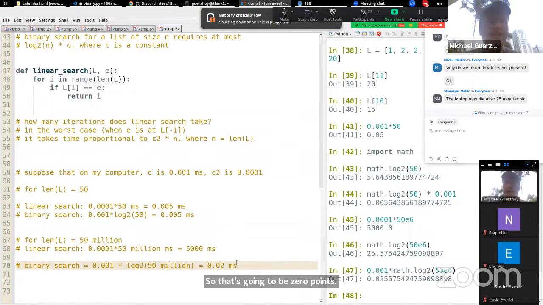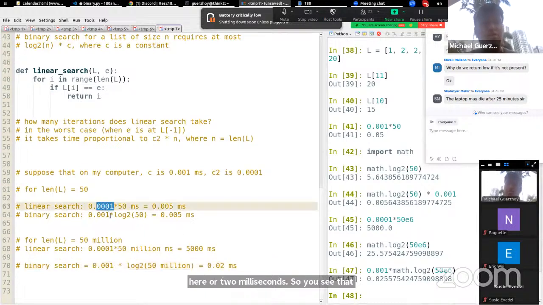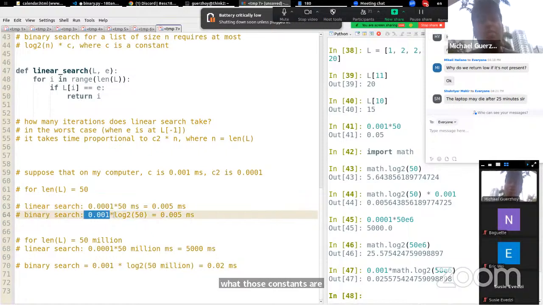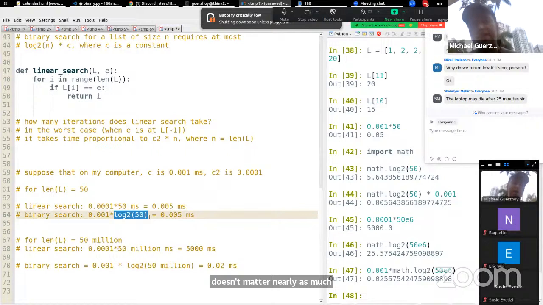So you see that what those constants are doesn't matter nearly as much as how much you scale with the size of the input.